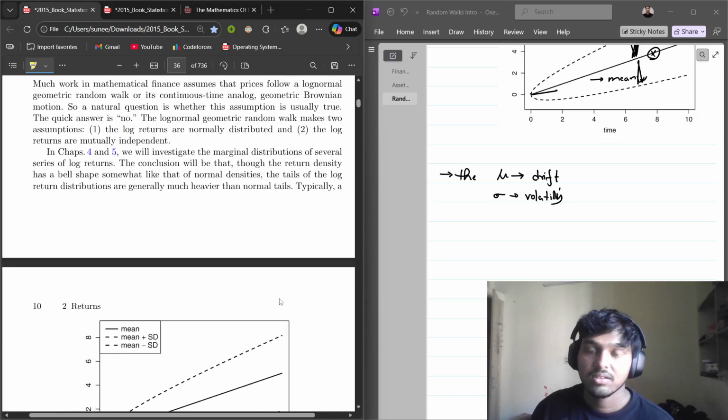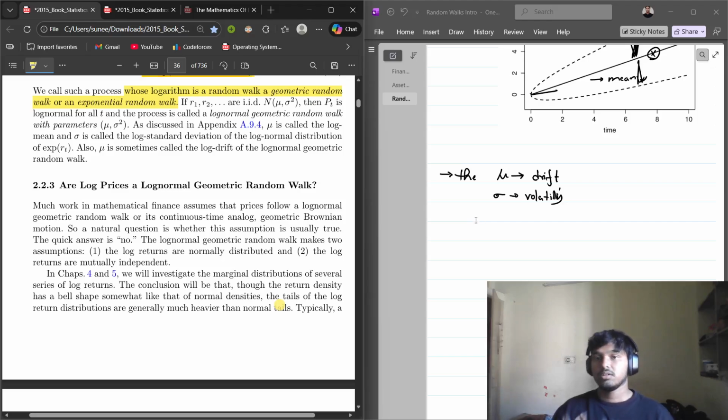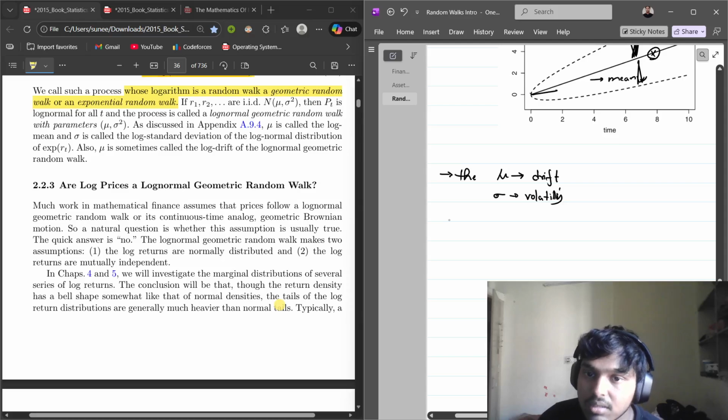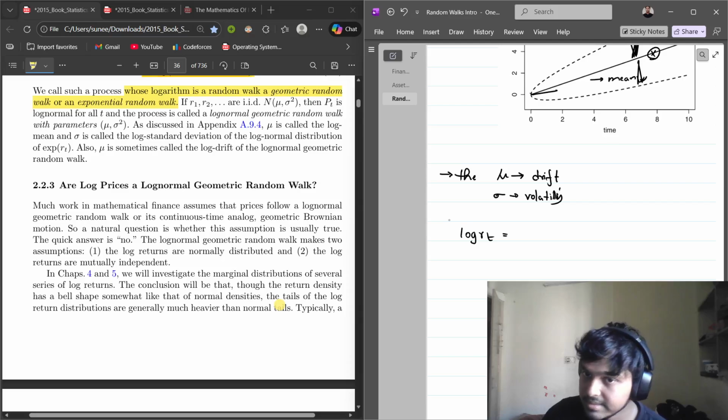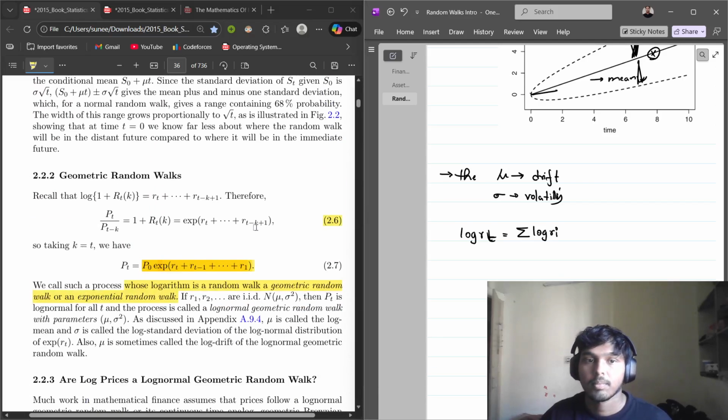So how this relates to our returns here is that we know the log of the returns is something like this. So P_T would be P_0 times exp of something.